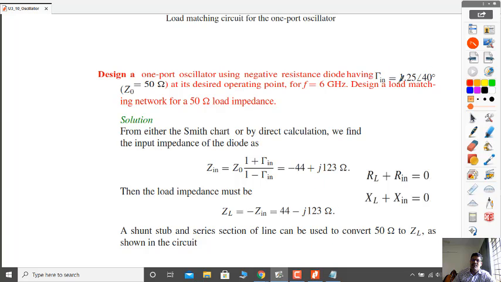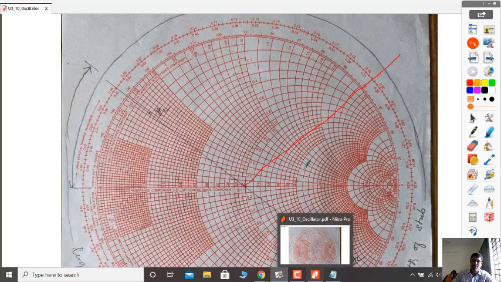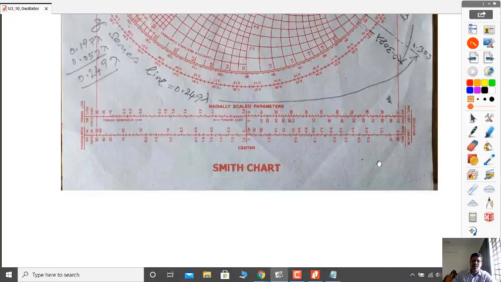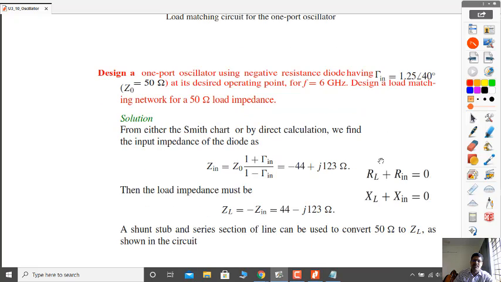For that, you have to locate this point, gamma in, on the Smith chart. On the Smith chart, the maximum gamma value is 1. Here this value is more than 1, that is 1.25. So we have to plot this point. Either you can use the analytical method or the graphical method.